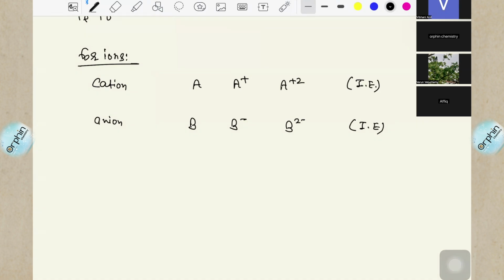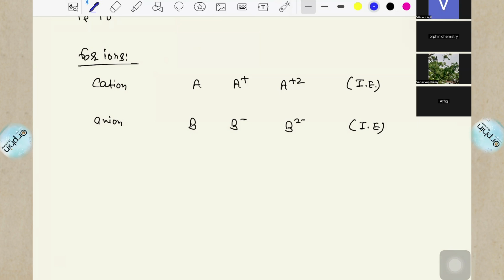What will be the order, Varun, for cations? Sir, for cations, A plus 2 will have least IE. Means removal of electron from A plus 2 is easiest. Okay.